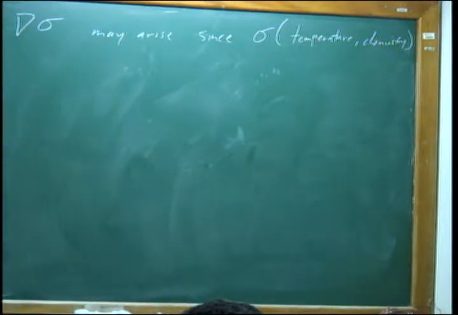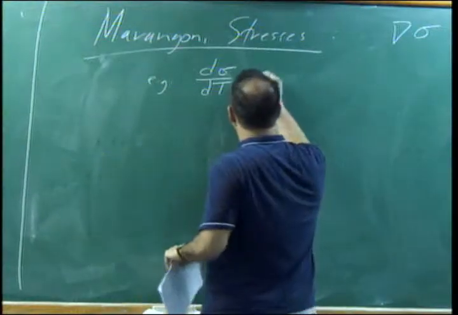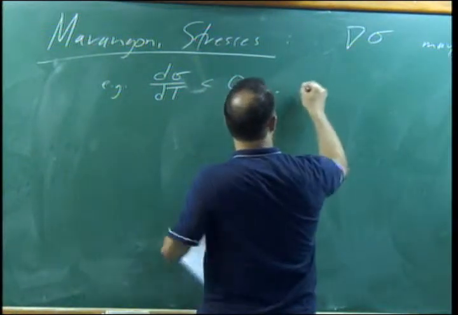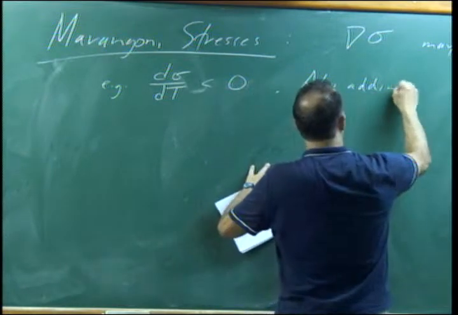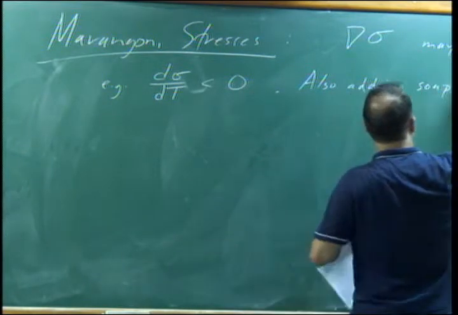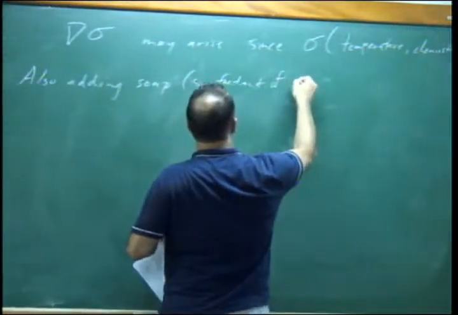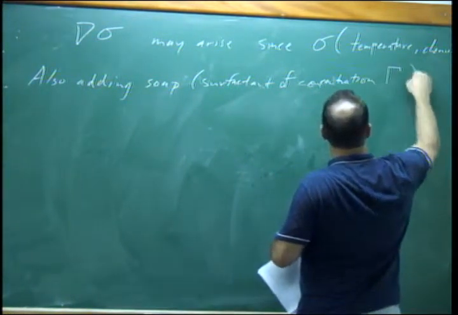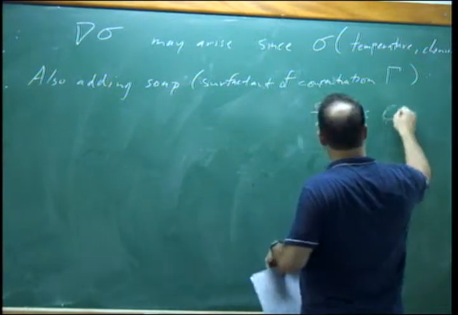So for example, as the temperature increases, the surface tension goes down. Also adding soap, the surface tension decreases with soap concentration.